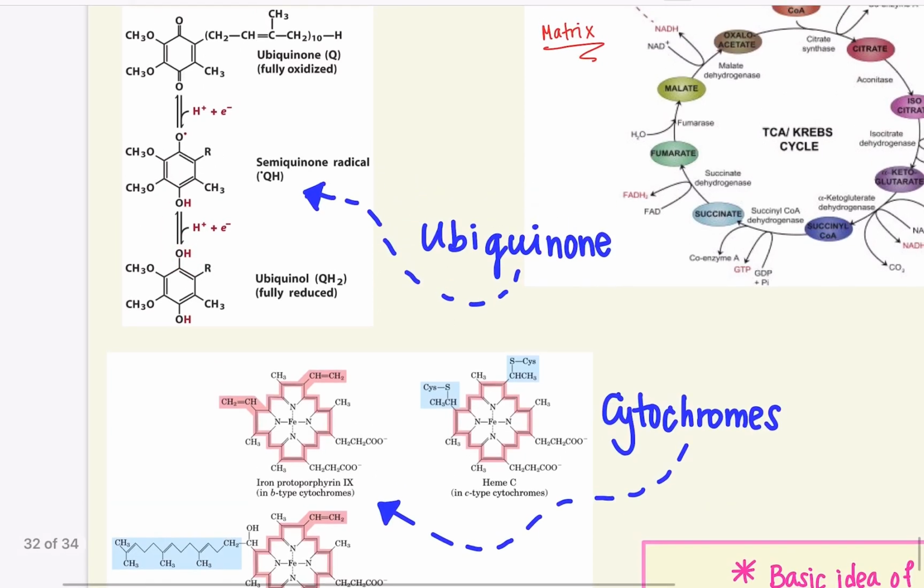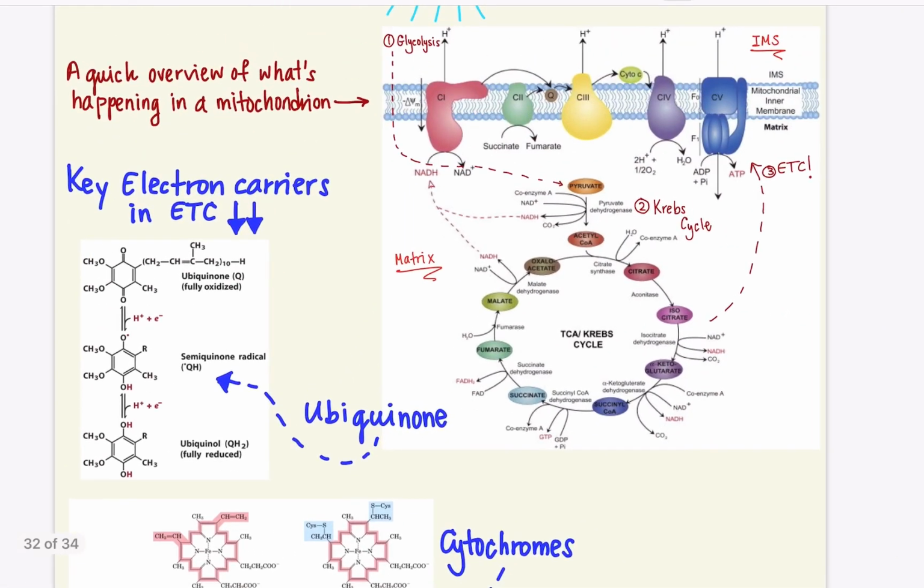Now you can see how this molecule that was fully oxidized is now fully reduced because we've added 2 electrons to it. That's how an oxidized version of coenzyme Q gets fully reduced.